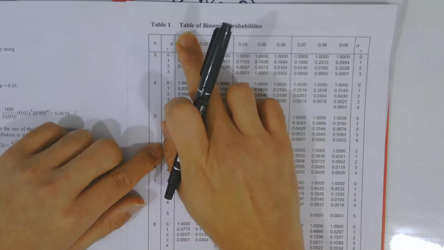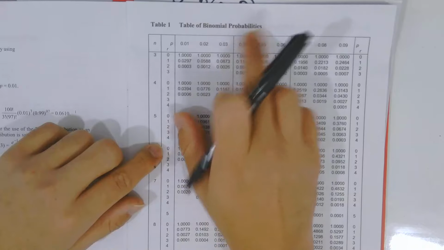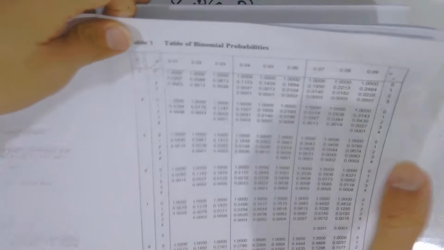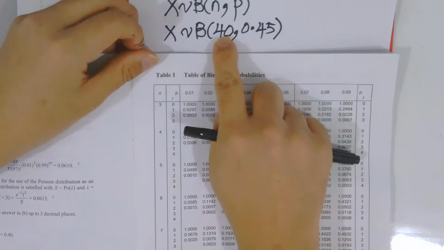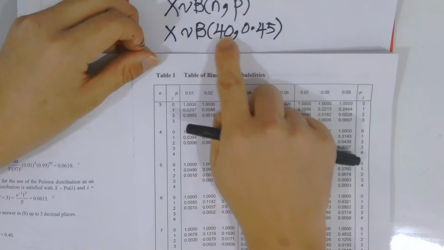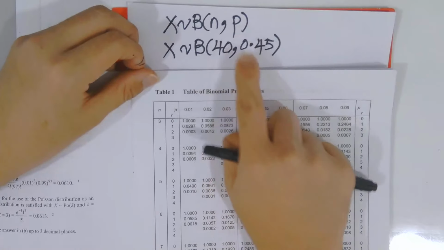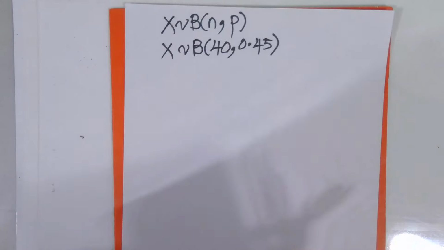All about table 1 for the matriculation program, the table of binomial probabilities. You search for the number of samples n to be 40, and the value of p to be 0.45.